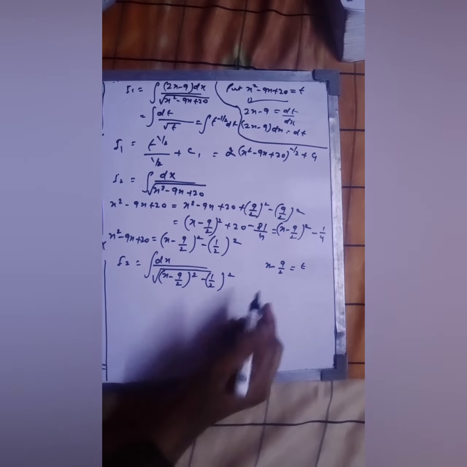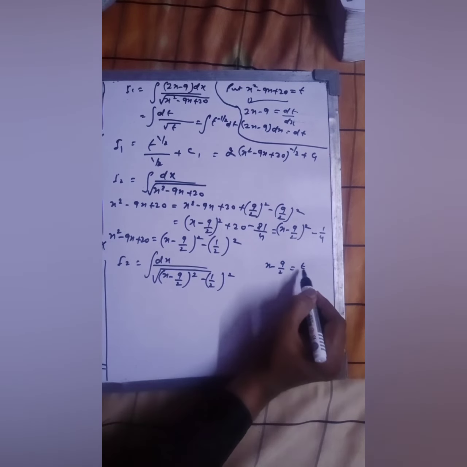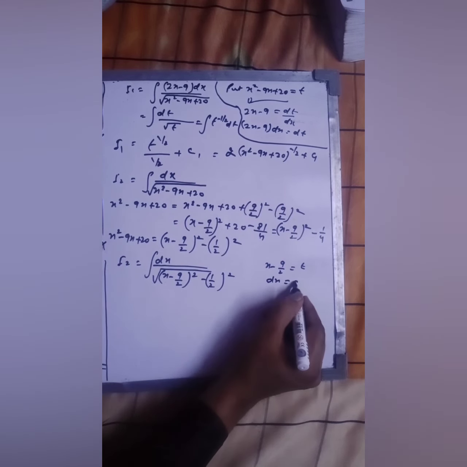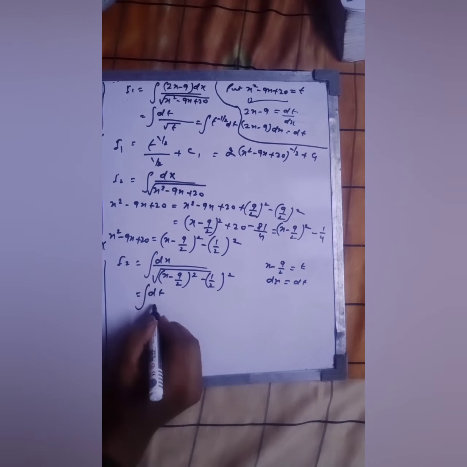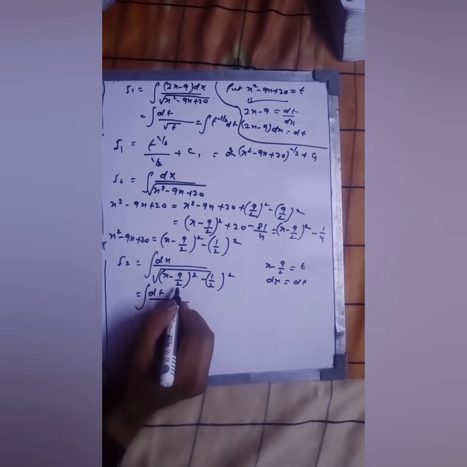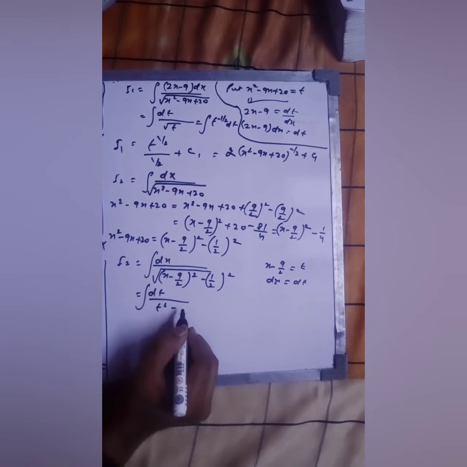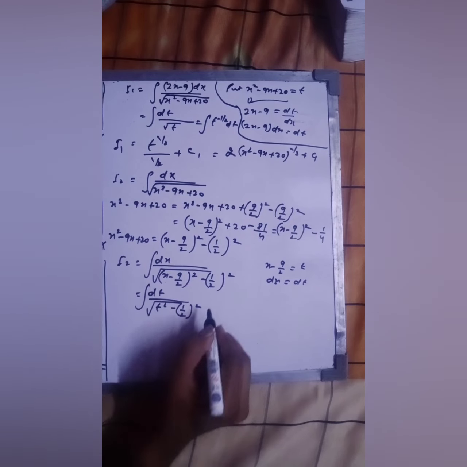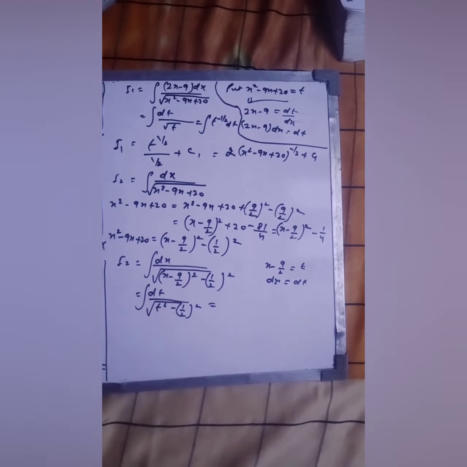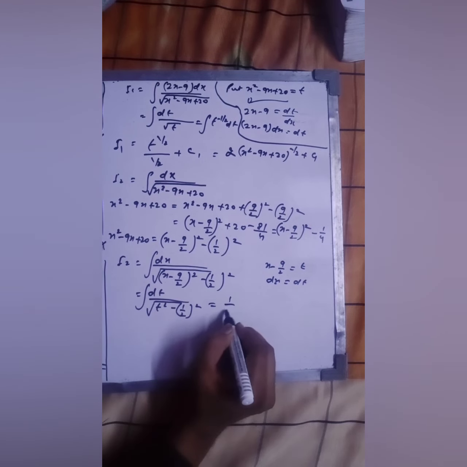So x minus 9 by 2 is equal to t, and dx is equal to dt when you differentiate it. Now the integral of dt over under root of t square minus 1 by 2 square. The formula for x square minus a square is 1 by 2a log of (x minus a) over (x plus a).